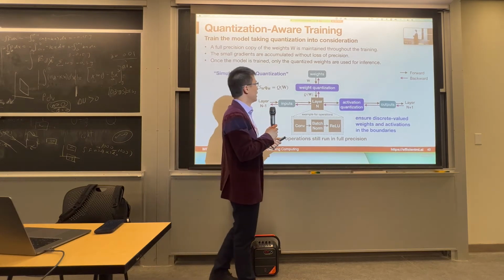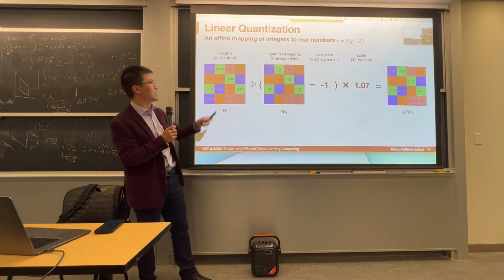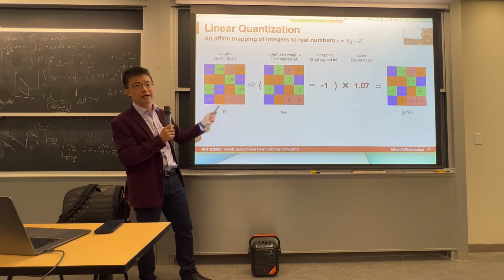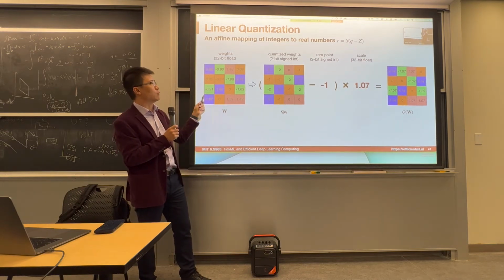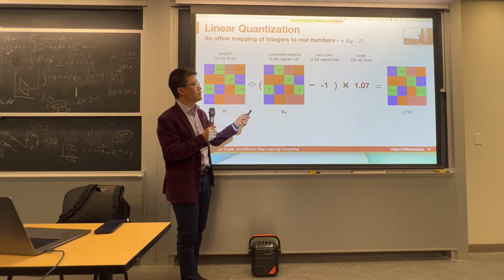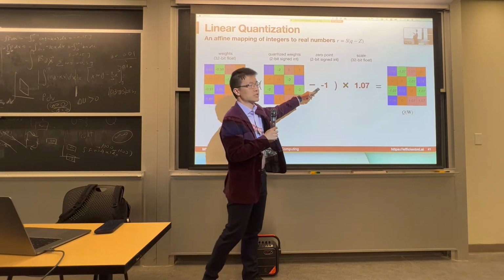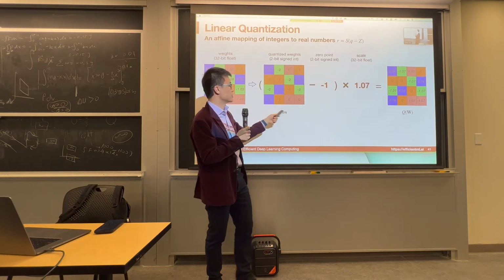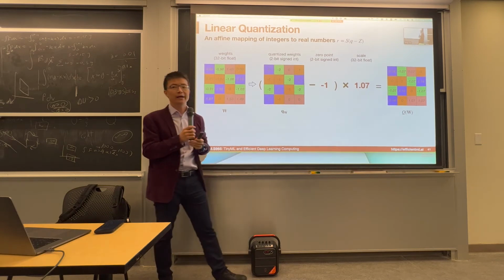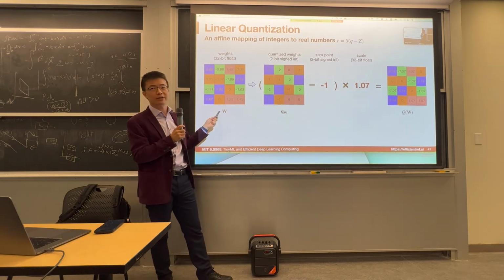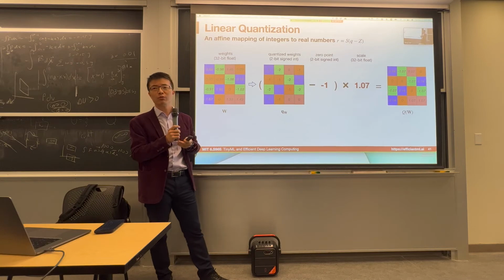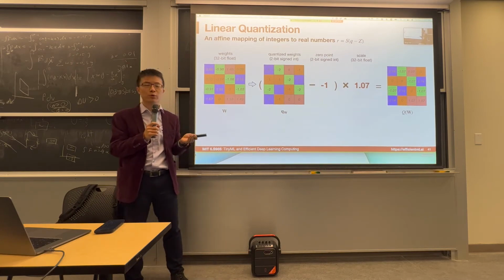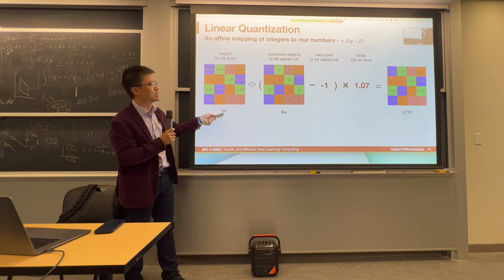Similarly for the activation. Let's see how we update this linearly quantized weight matrix. First, we do this affine transformation. This is the Q_W, which is the integer weight, and this is the W, which is the floating point weight that we are always maintaining in the back.